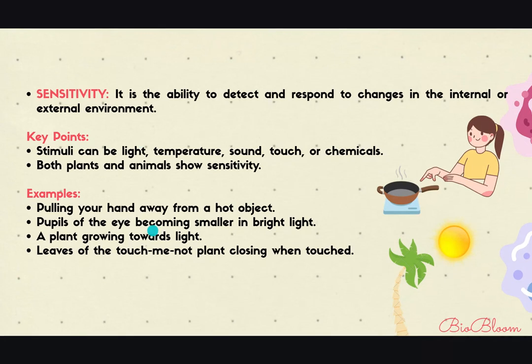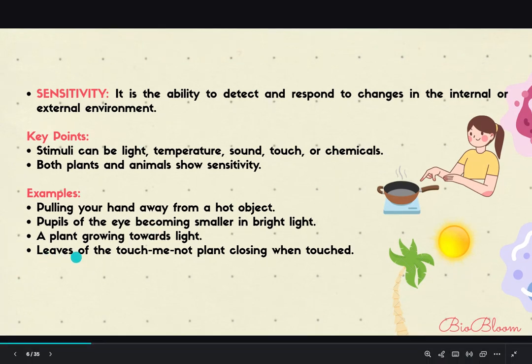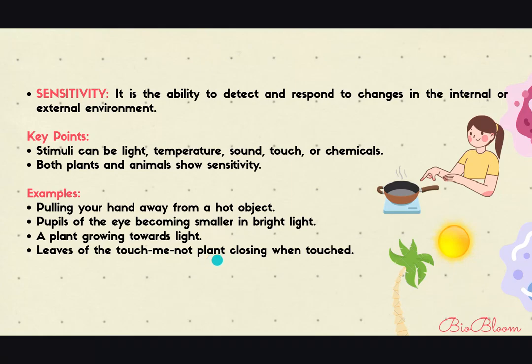All right. Now, another example is the leaves of the touch-me-not plant closing when touched. I hope you have seen that plant, when you touch it, it instantly closes its leaves. So that is an example of sensitivity.